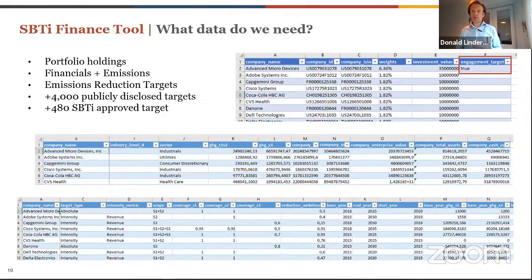And that is always a question. So how much of this data is actually available? When you actually start to scan this, you find that there are about 4,000 publicly disclosed targets in the market at the moment. And on top of that, there's a bit of overlap, obviously, with that. But we also have, as I said, 485 targets that have been approved by the SBTi. And if we're talking in the ESG space, in the E space, this is quite good.